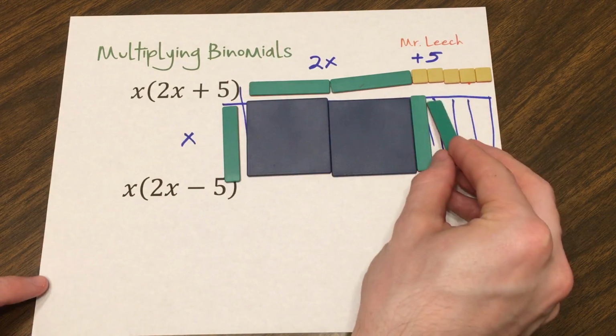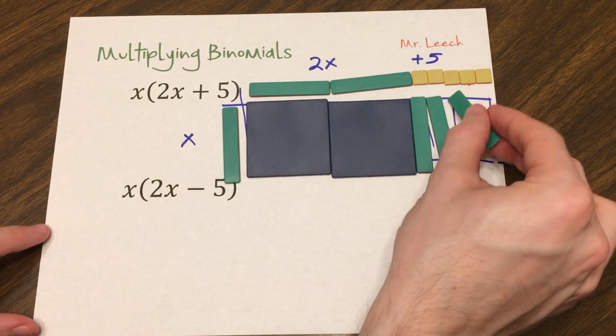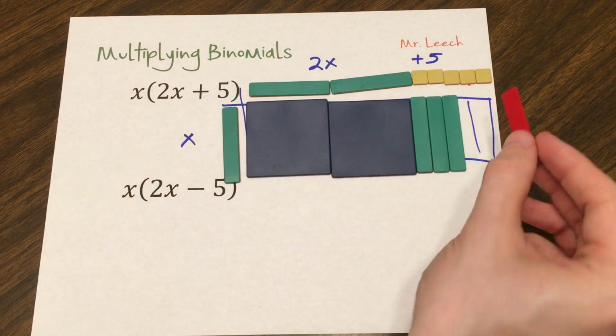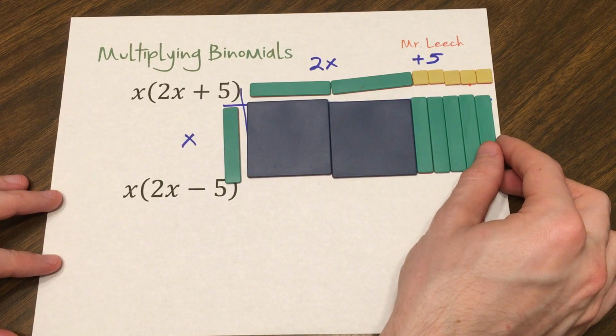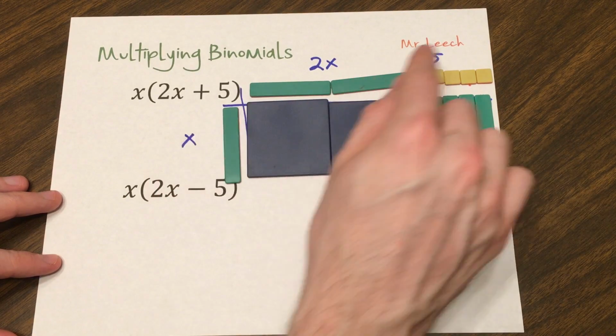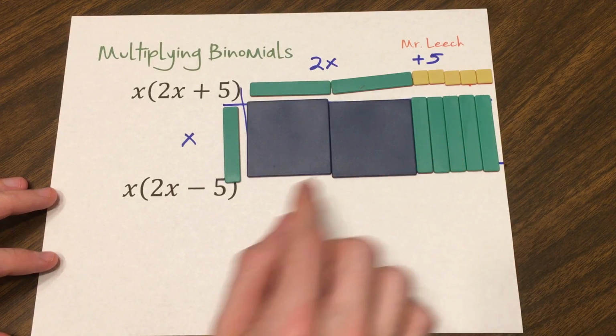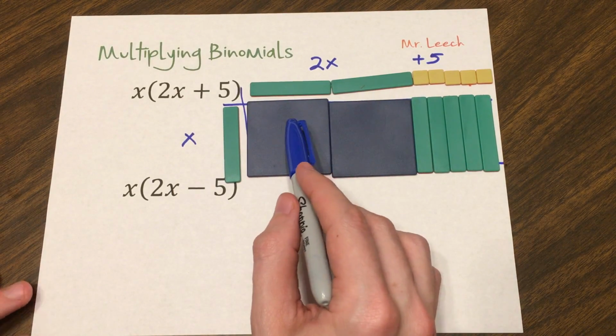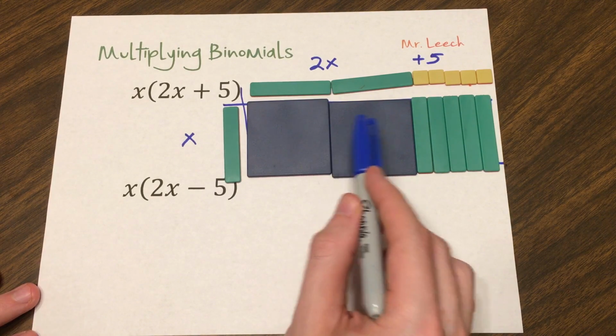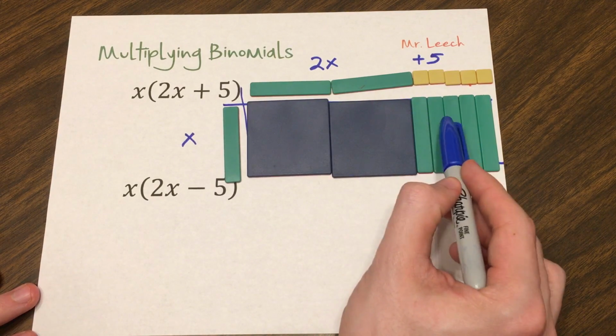And so on, or just simply x times 5, and notice that's 5x. So let's put this to paper. This becomes 2x squared plus 5x.